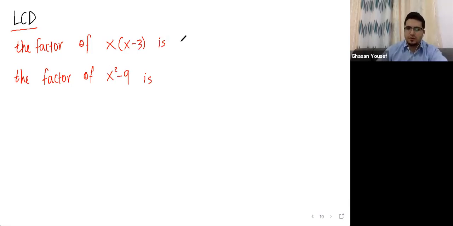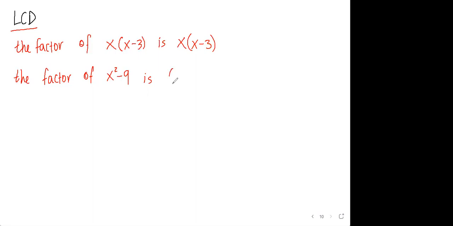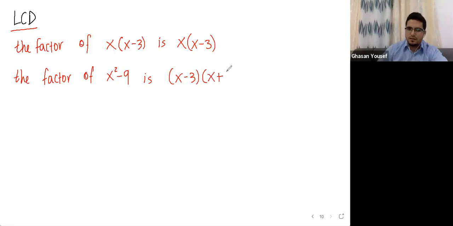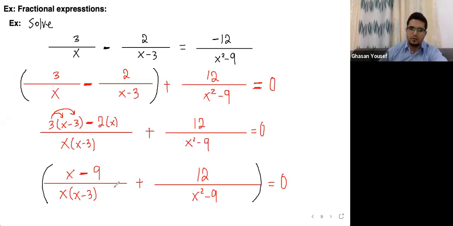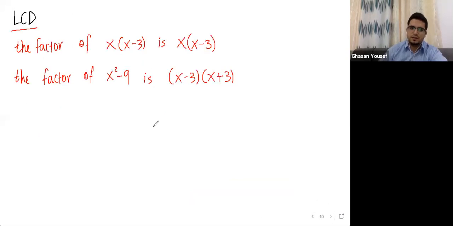We cannot factor it more. And what is the factor for x squared minus 9? X minus 3 times x plus 3. Exactly. So we go to the denominator of both fractions and we factor it. This is the least common denominator.